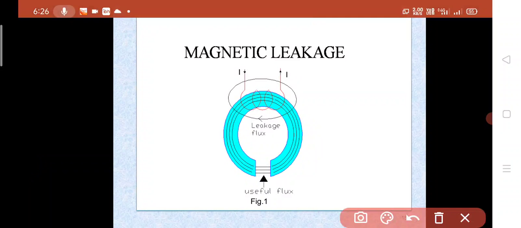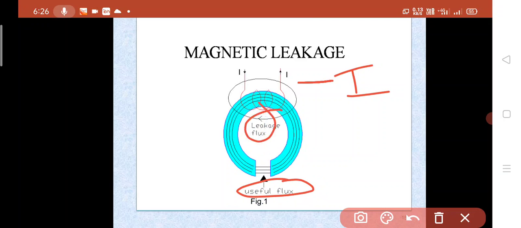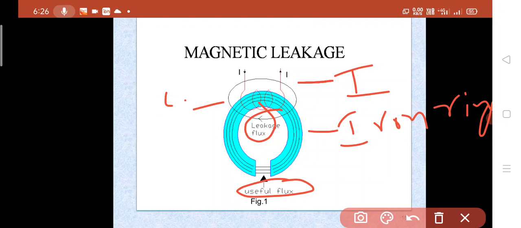This is the flow of the current direction. This is the useful flux and the leakage flux. This is the iron ring. This is the leakage flux.